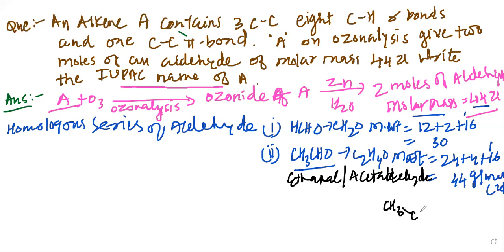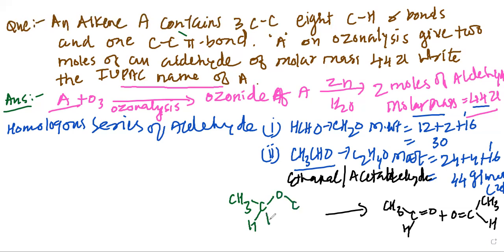We have CH3-C=O and H. The other mole is also ethanal, so we can write CH3 and H. So we can easily write the structure of the ozonide: CH3, then C, then H, then 3 oxygen atoms which give us the ozonide, and here we have CH3 and H. This ozonide cleaves in this manner to give us 2 moles of ethanal.